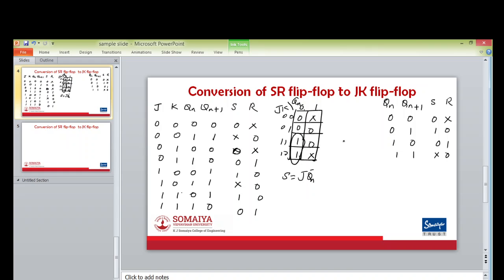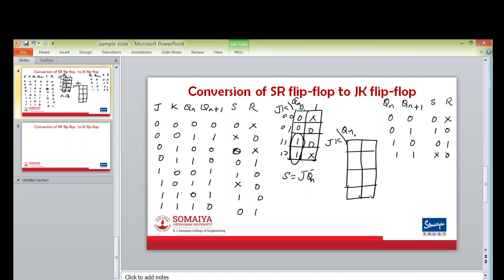Same way I'll draw for R also, with J, K, Qn.